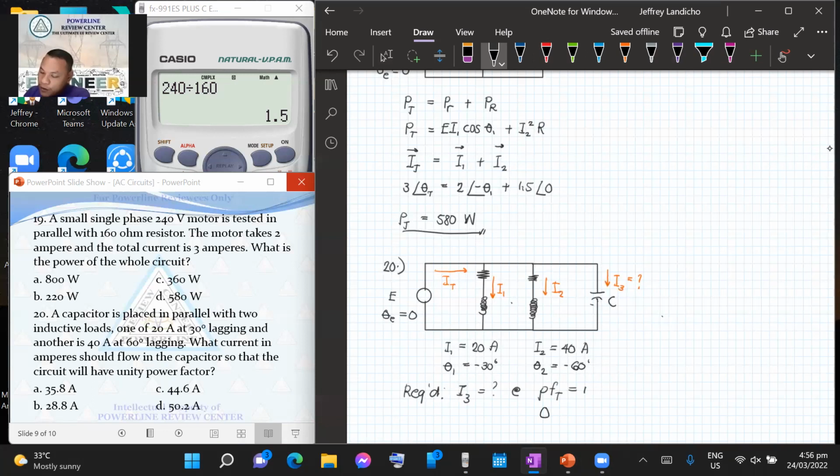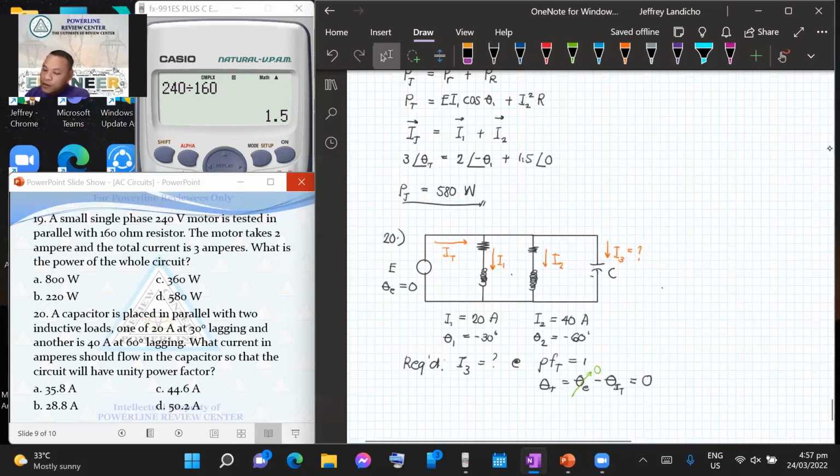Therefore, when we take the phase angle, that is the angle of the voltage minus the angle of the total current, if it is unity, this should be 0. In this case, the phase angle of the voltage is 0.